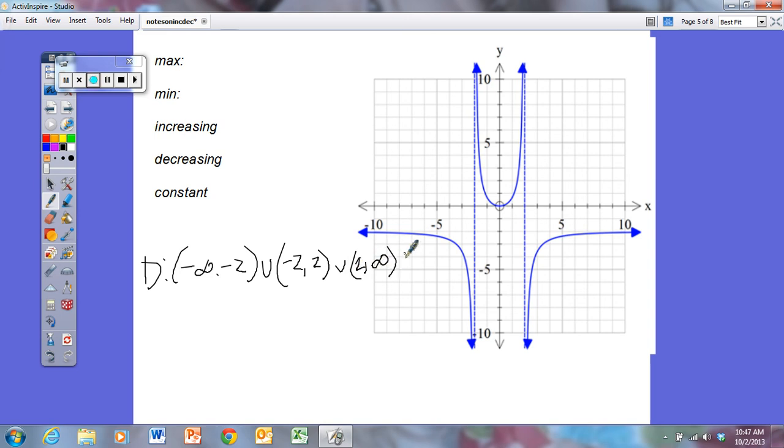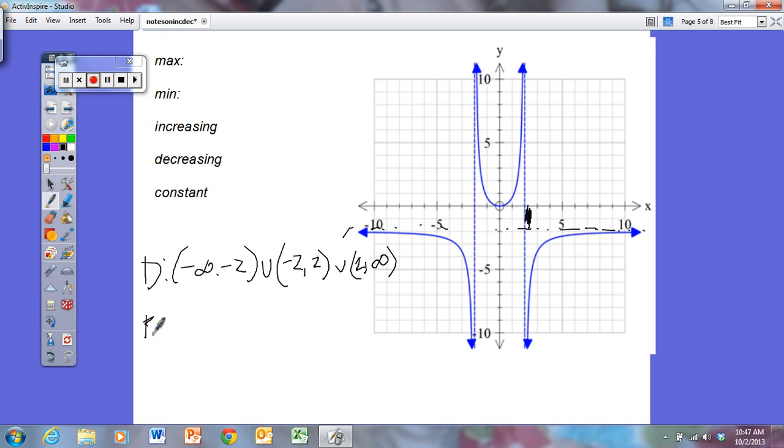The range, well, you can see that there are asymptotes here because it gets really, really close to that line but never touches it. And here it gets really, really close to that line and never touches it. I know it's kind of hard to see, but once we do more of these, you'll start to realize that this is a horizontal asymptote. So y is never going to be in this range.